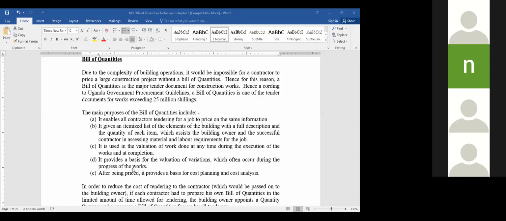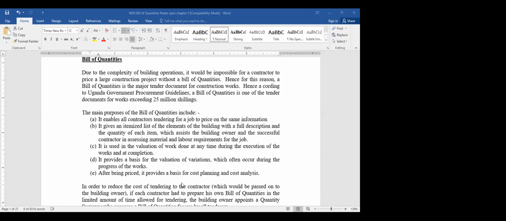So as these works are being carried out, you find there are other works that will come in. Using the BOQ, we shall be able to value these, still basing on the already existing BOQs.